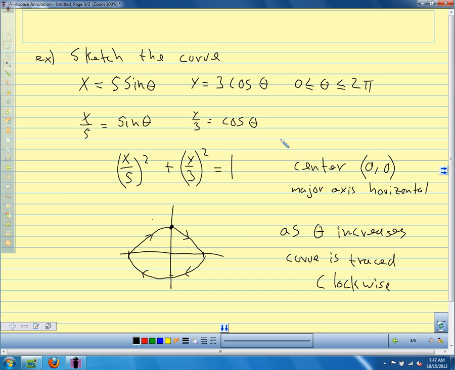We want to be able to visualize what our curve looks like. We will do this enough that as soon as you see this, you'll recognize this as an ellipse with the major axis horizontal. We'll work with these enough that they will become very, very familiar, even without eliminating the parameter.